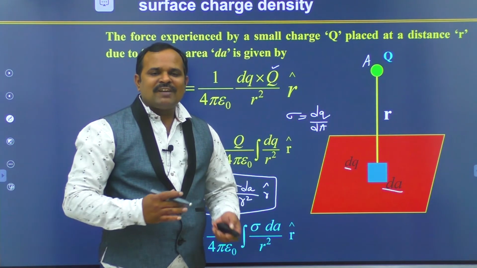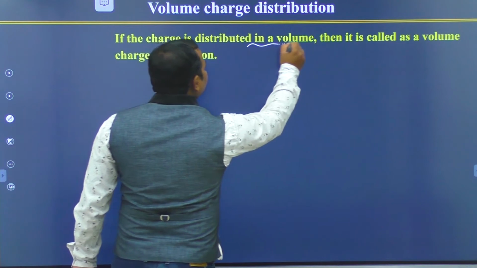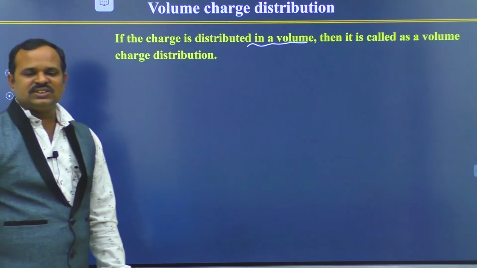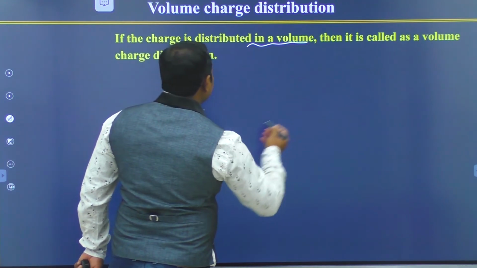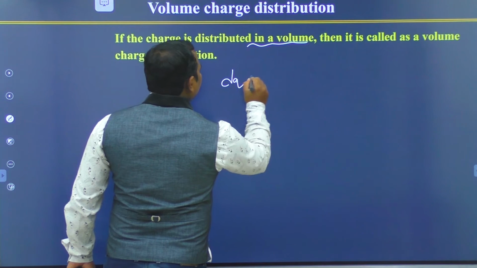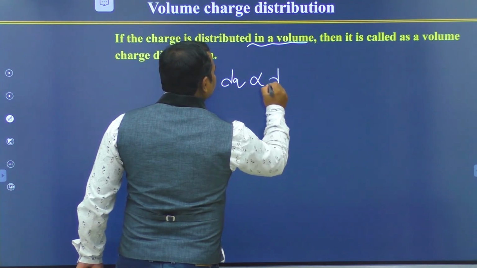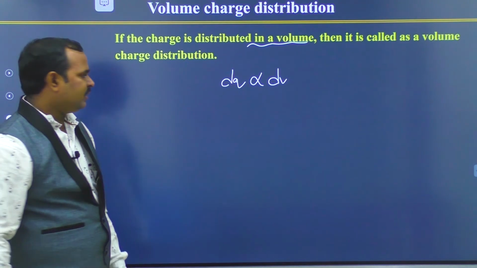Similarly, we can also have a volume charge distribution. If the charge is distributed in a volume, then we say this is a volume charge distribution. If the volume charge distribution is uniform, then dq is directly proportional to dV, where dV is a small volume element.